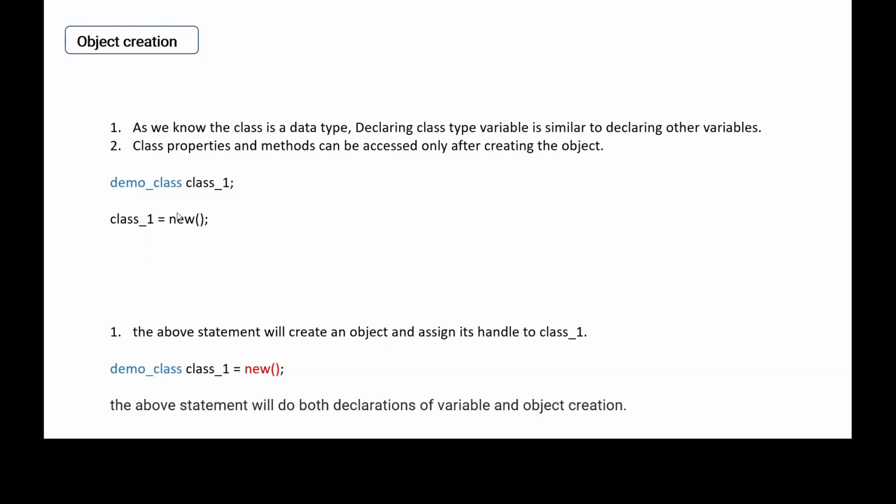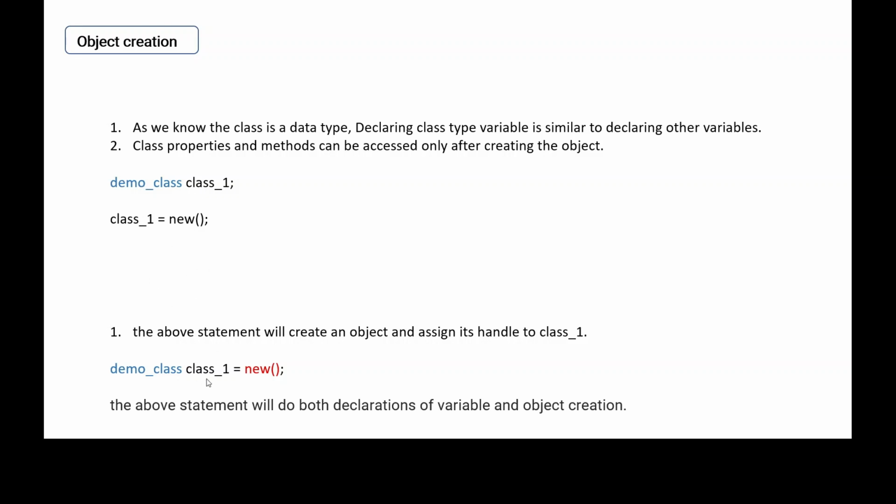The first statement is known as creating a handle or creating a variable, whereas in the second, if you use the new keyword, an object is created of type demo class. The object name is class1.